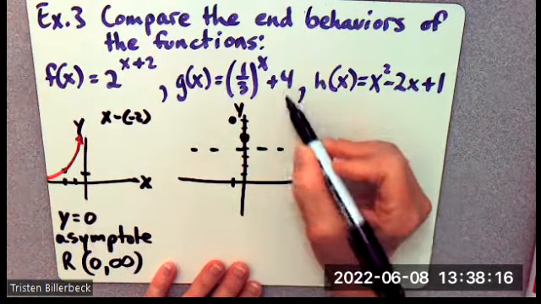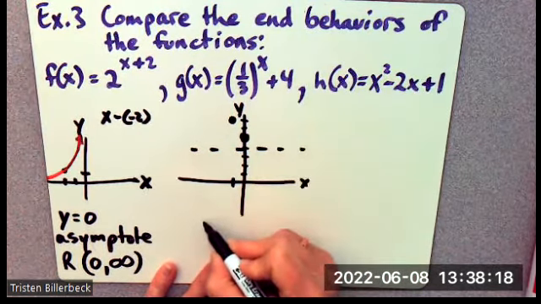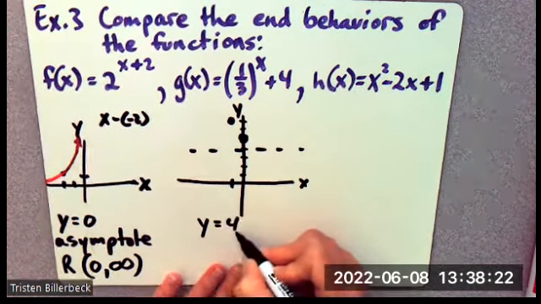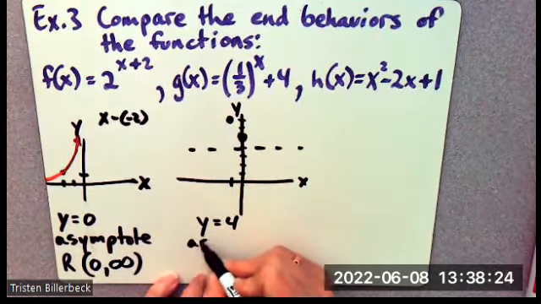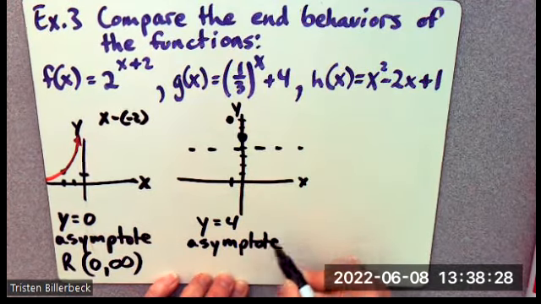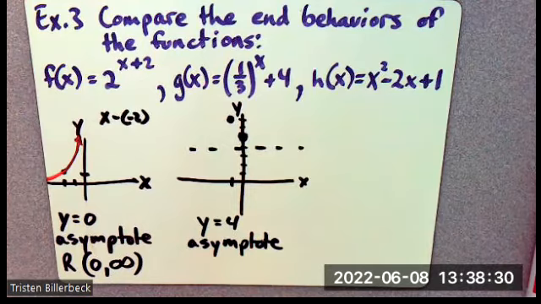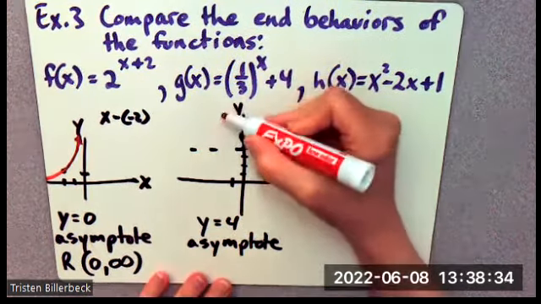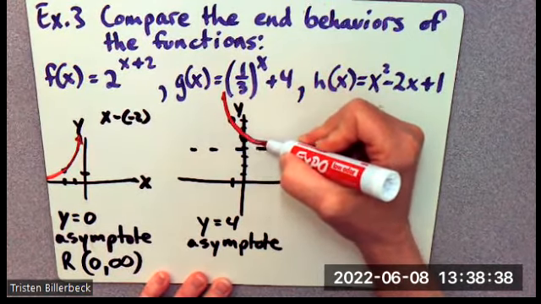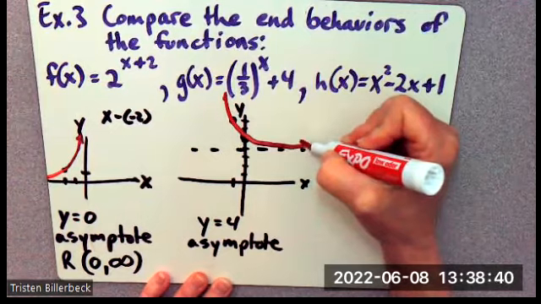So our asymptote is at y equals 4. And so we could graph this particular one to look like this, where it approaches like that.